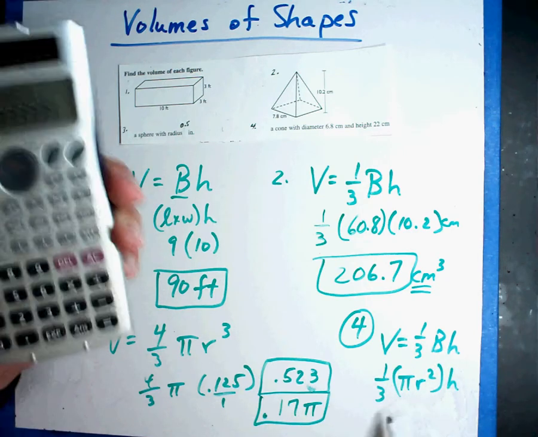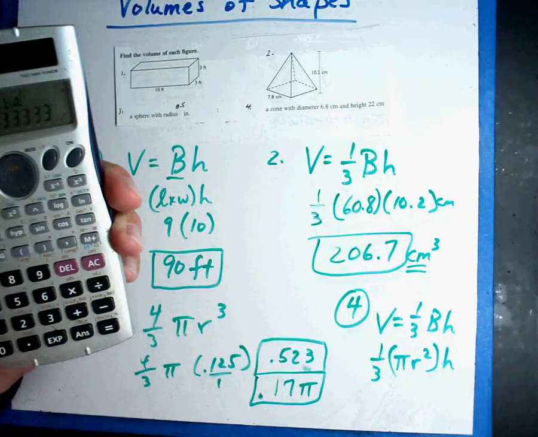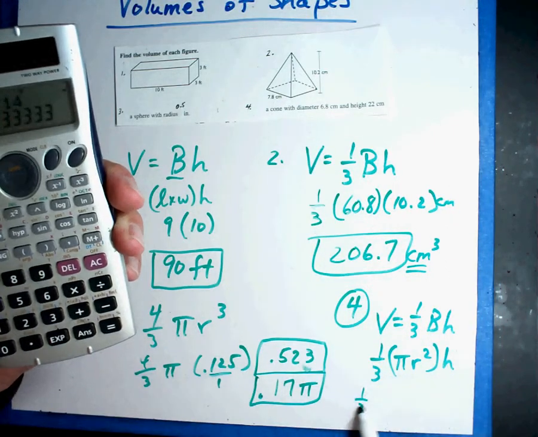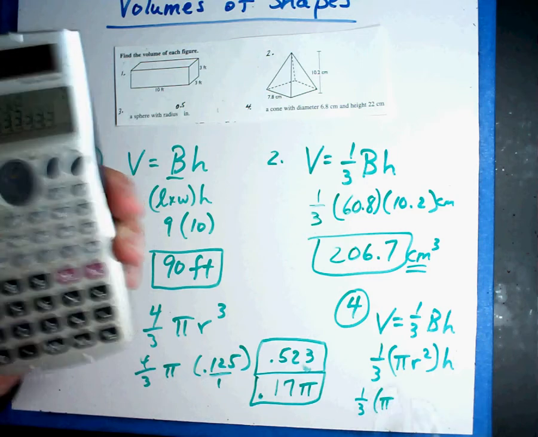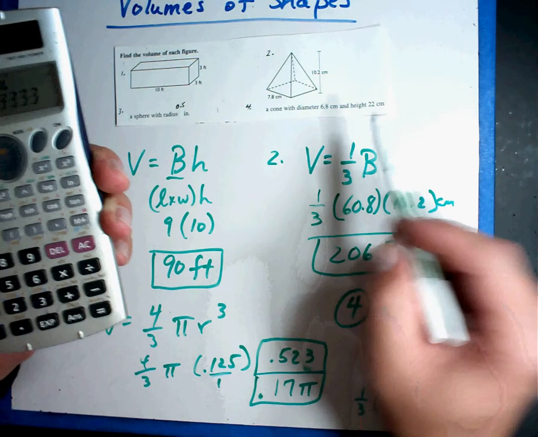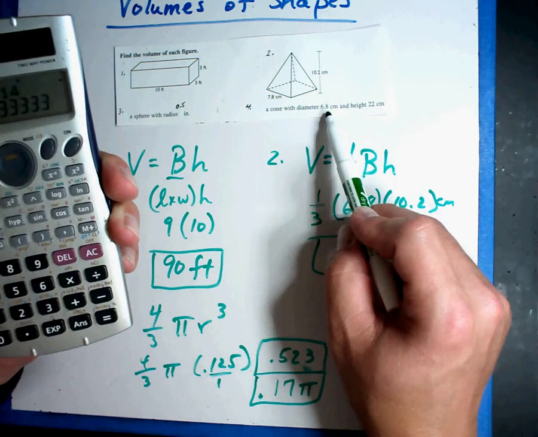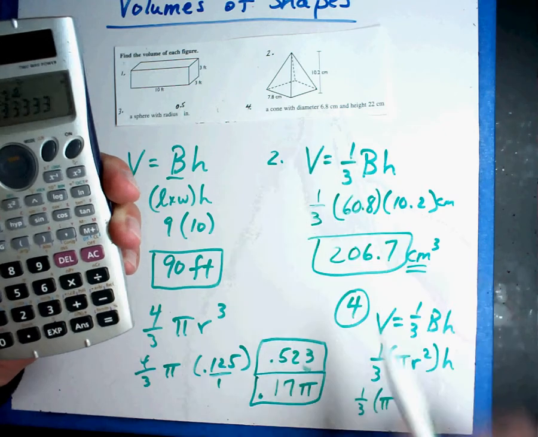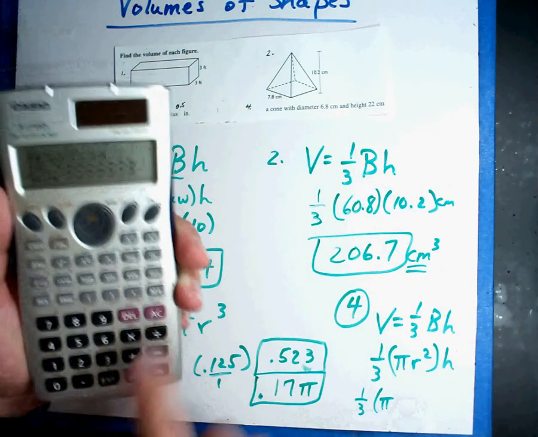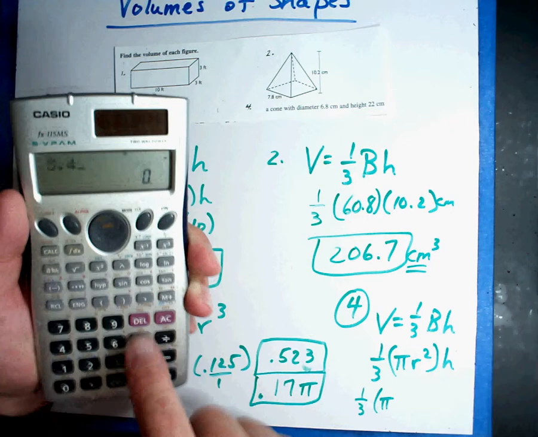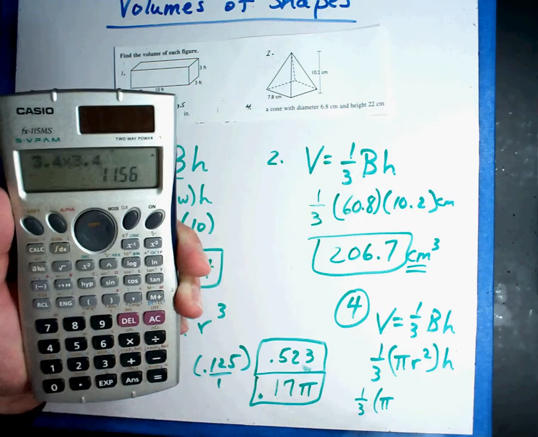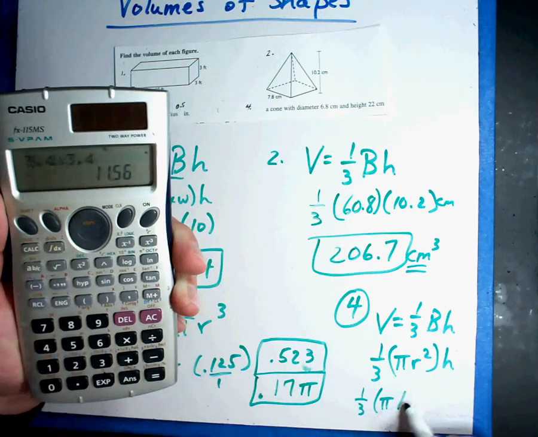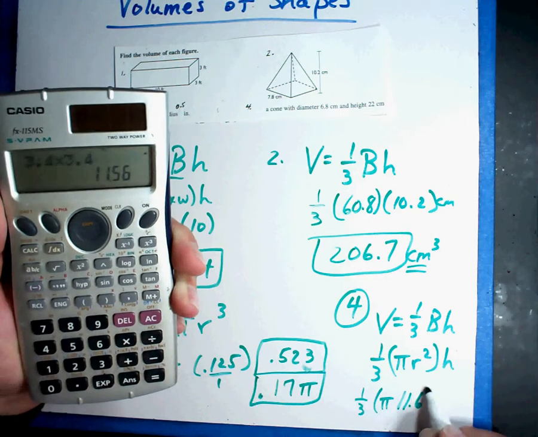So I'm going to take 1/3 times pi. What was the radius that they gave us? Oh, they gave us diameter. Oh, they tried to trick us. So half of 6.8 is 3.4 squared, so 3.4 times 3.4 is 11.6. Let me do that again.